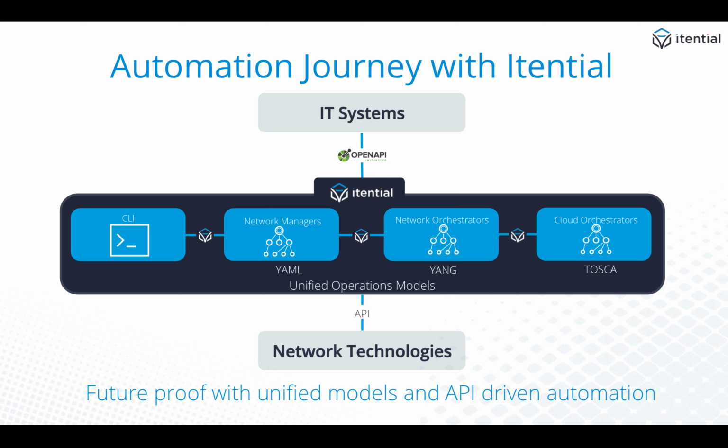And we've talked about integration at the API level being extremely important, and we work very hard to have a huge ecosystem of integrations depending upon who you use for IPAM or inventory or CMDB, etc. But when it comes to the network automation platforms, controllers, and orchestrators, we see the adoption of a handful of data modeling languages. So YAML, Yang, and Tosca represent a majority of the data structures that these platforms store internally. So by Itential integrating with these things through their API, it's not just their API concepts, it's also the data structures that are supporting those.